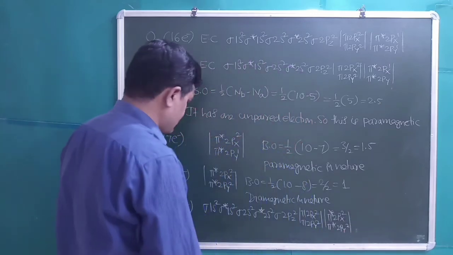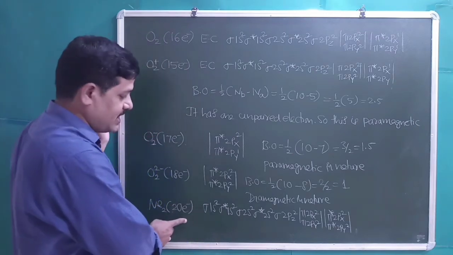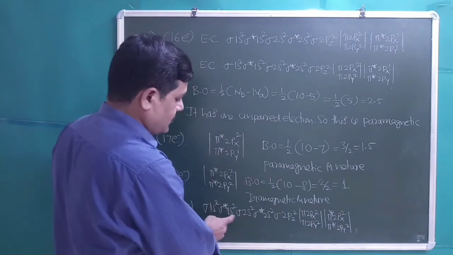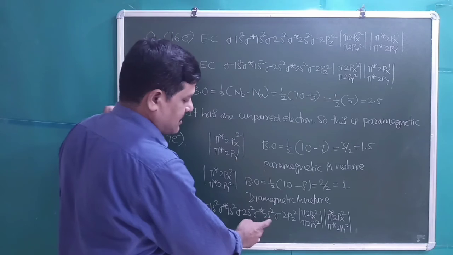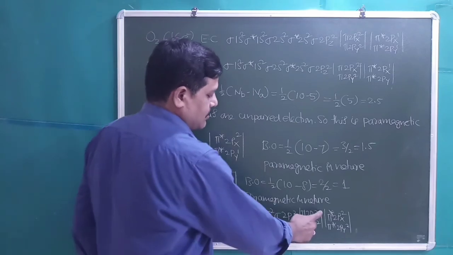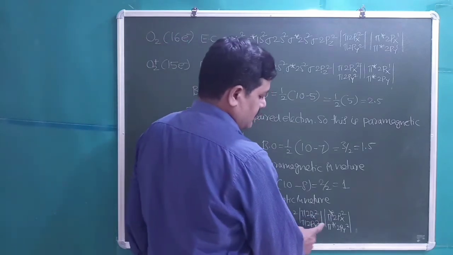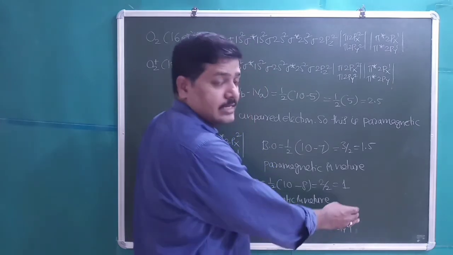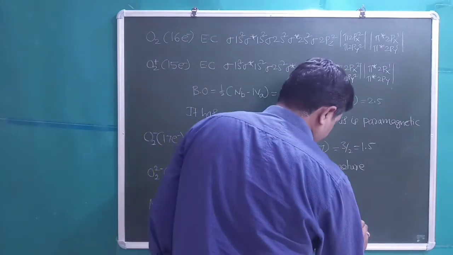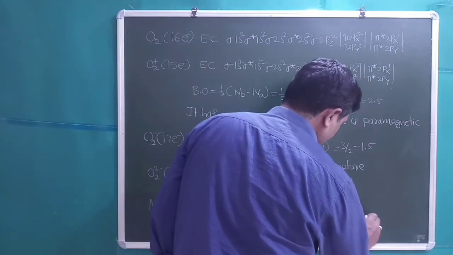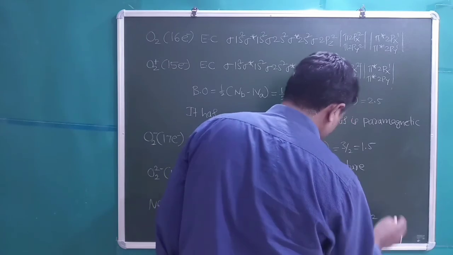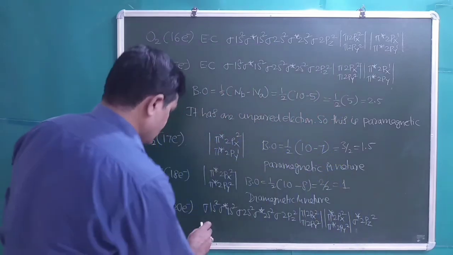Up to this, how many electrons are completed? Out of 20 electrons, 2 plus 2 is 4, 4 plus 2 is 6, 6 plus 4 is 10, 10 plus 4 is 14, 14 plus 4 is 18 electrons. And sigma star 2pz2.